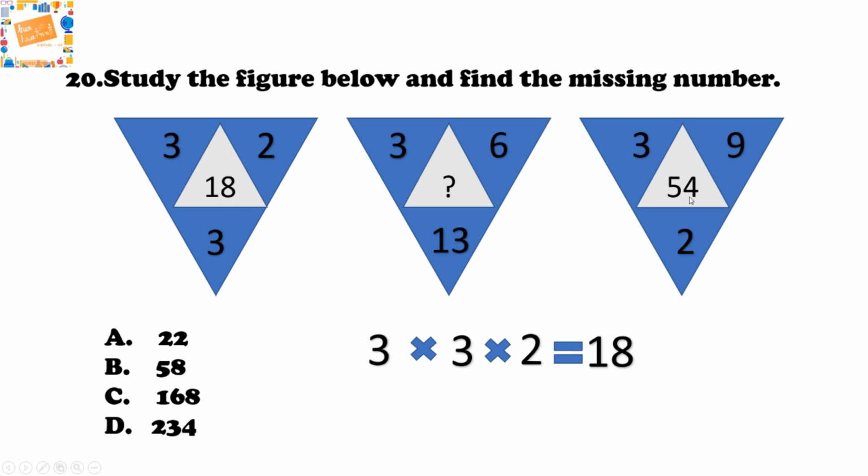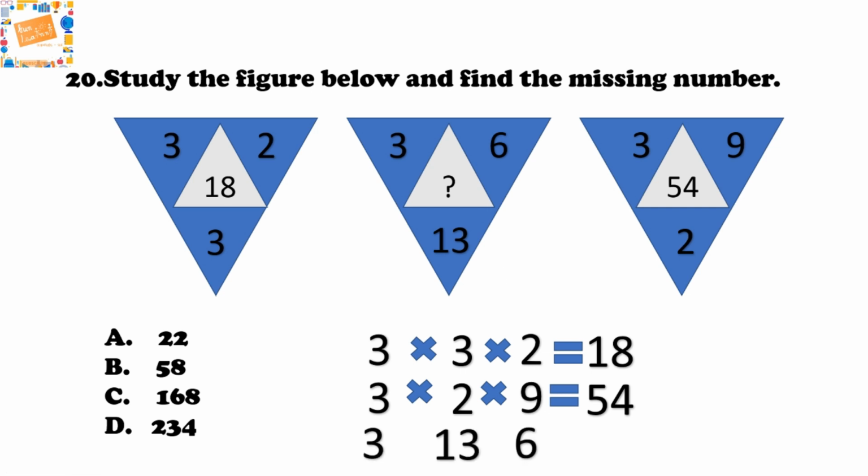Similarly, the last triangle, which has 3, 9, 2 in its outer circuit and 54 in the inner triangle, if the outer numbers are multiplied together, this multiplication equals 54. So applying the same logic on these 3 numbers in the outer triangle, we should multiply them all together, and if we multiply, you can work it out, the answer would be 234. So our correct option is option D.